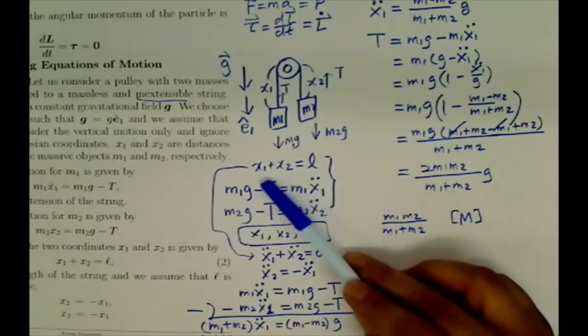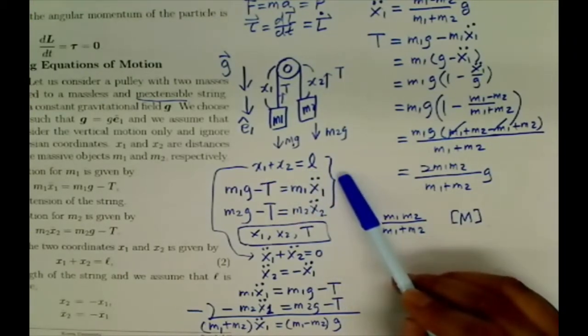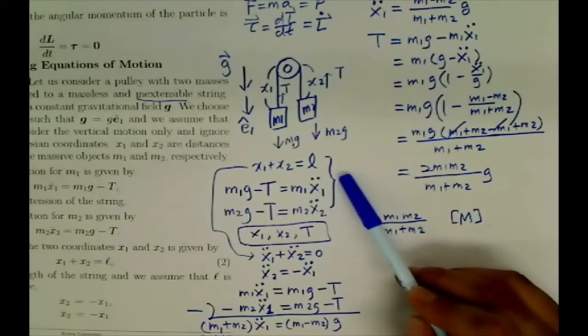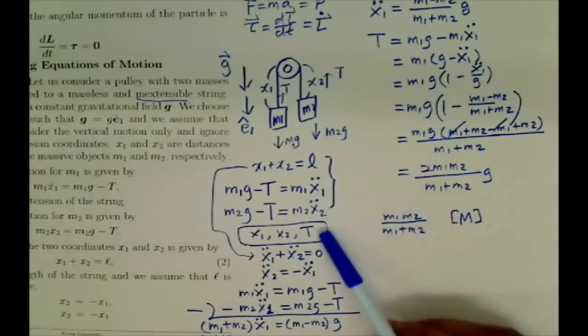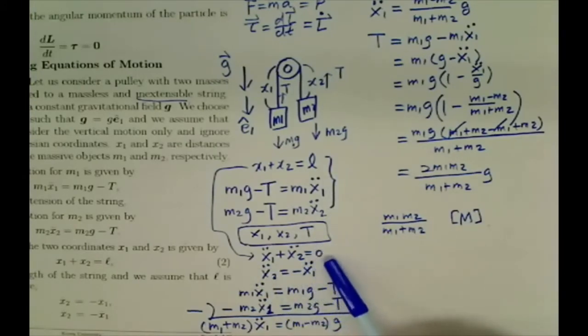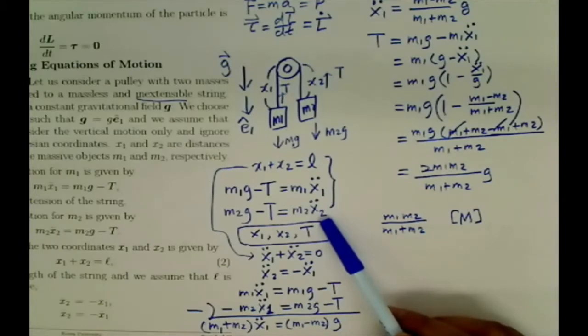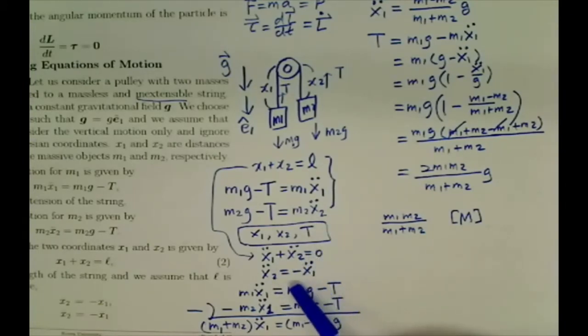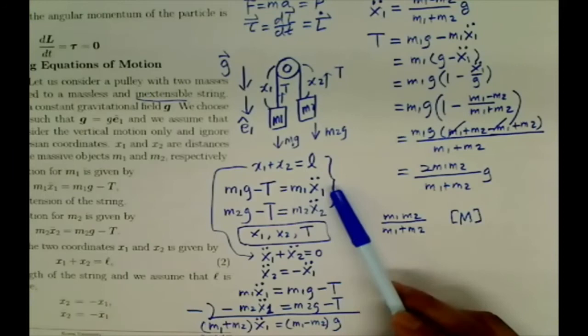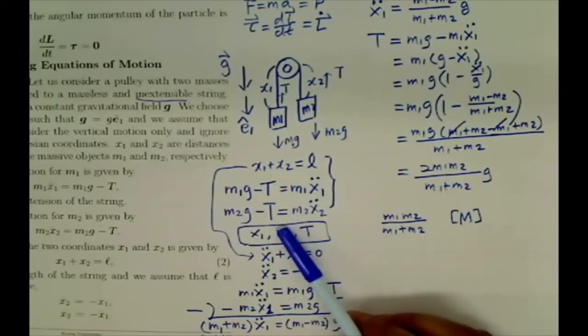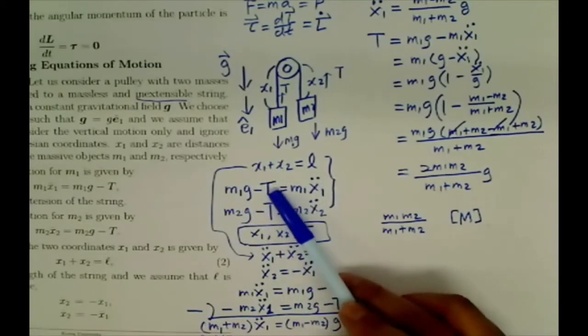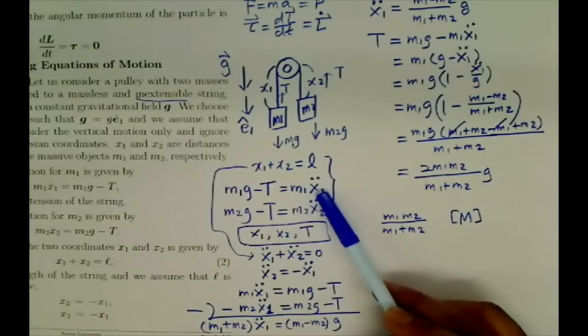First of all, we can make use of this constraint equation to find that the sum is constant and its time derivative is always zero. So does the acceleration of x1 and x2, if I sum them up, then they also vanish. Therefore, these two equations are coupled, and I can substitute this one in here. Then we end up with two equations with two unknowns, T and x1 double dot.